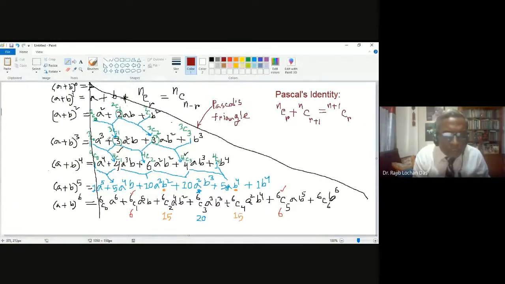Okay, let me check. So you see this, which one and which one is equal. So this one, say 3c1 and 3c2, they are equal to 4c2. Then what is happening? You think about this thing. So these two added together, the result is coming as 4c2.